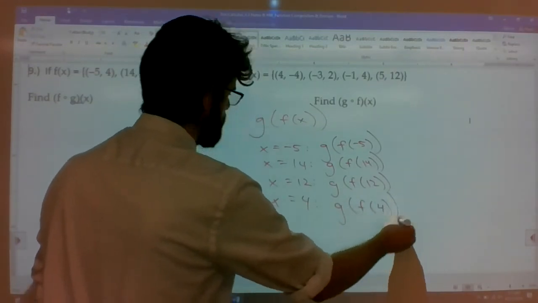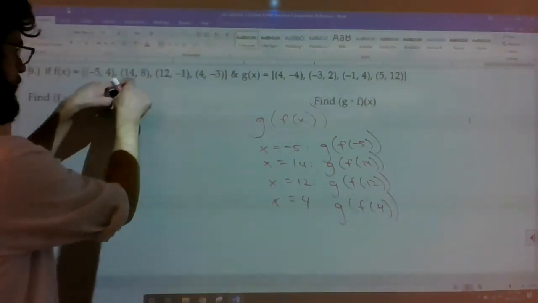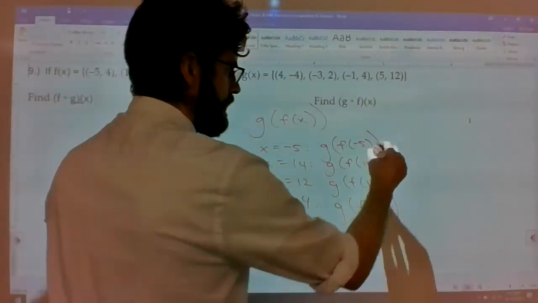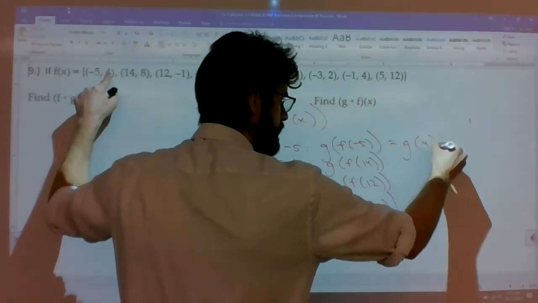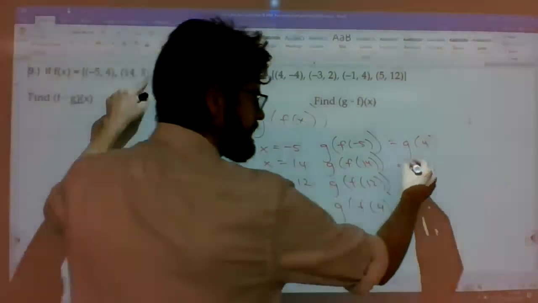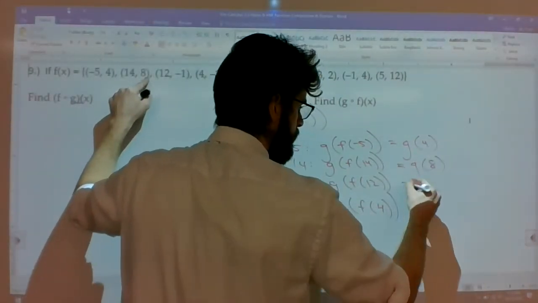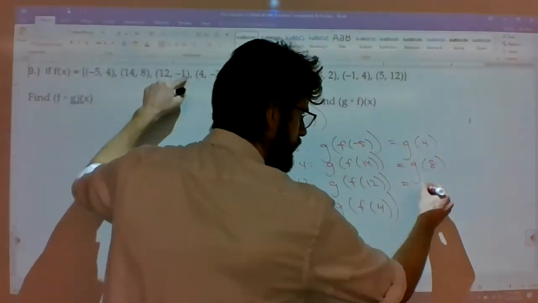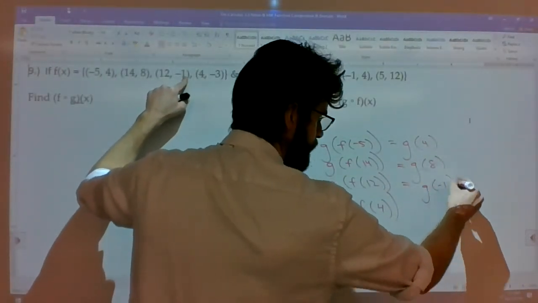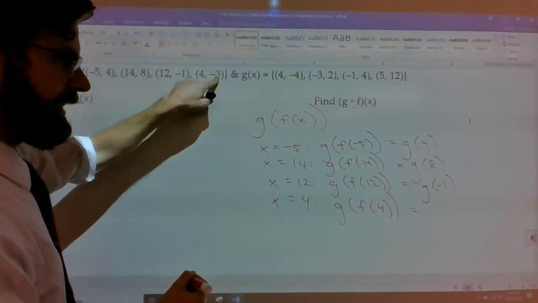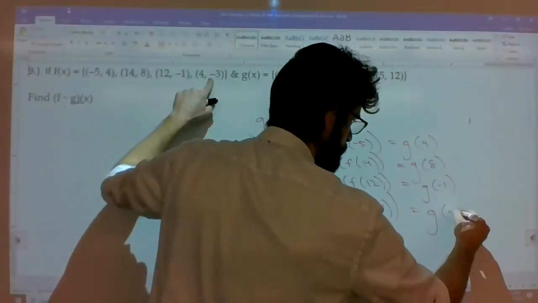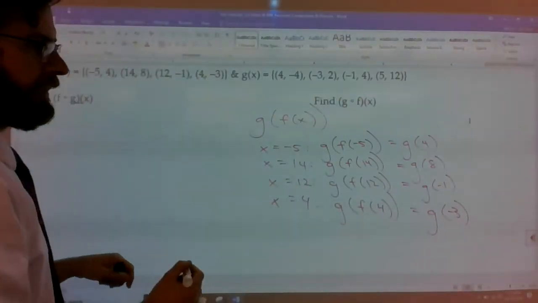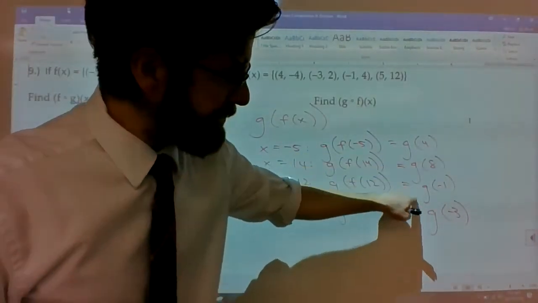Now, let me double check. Yes? Okay, good. Now, f of -5 is 4. F of 14 is 8. F of 12 is -4. No, -1. And then you got -3 for f of 4. All right, now we've got inputs for our g function.